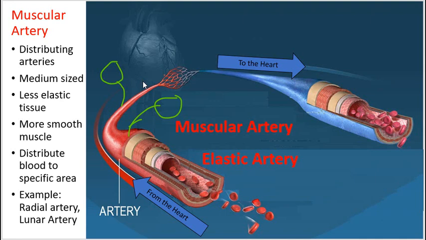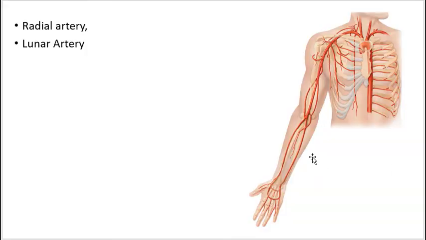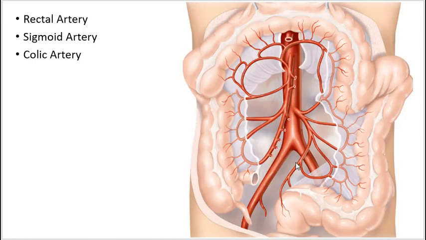So different areas are supplied blood by muscular arteries. Examples of muscular arteries could be the radial artery and the ulnar artery. As you could see from this diagram, here is the ulnar artery, here is the radial artery. The radial artery brings blood to this region, and the ulnar artery brings blood to this region.